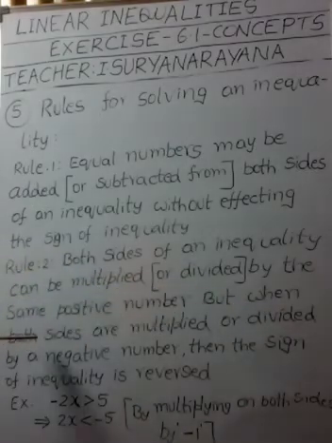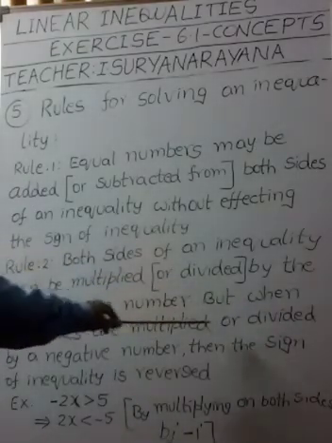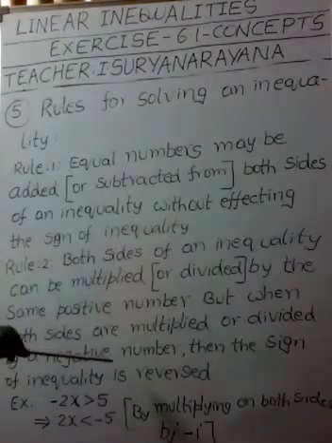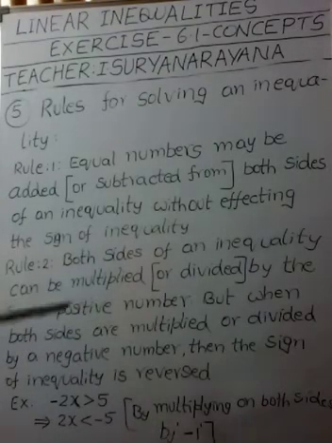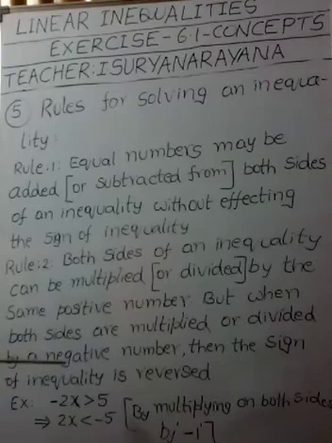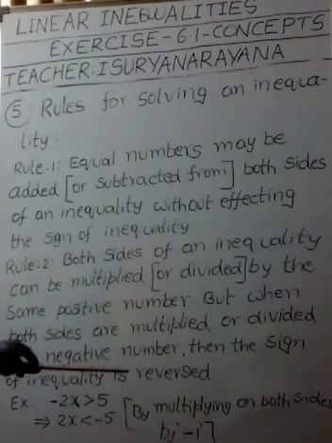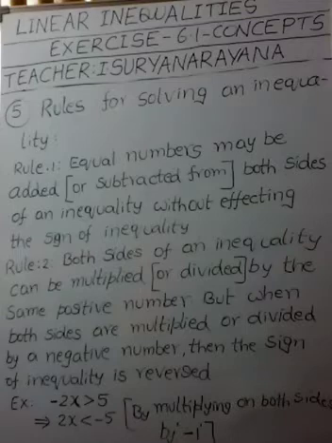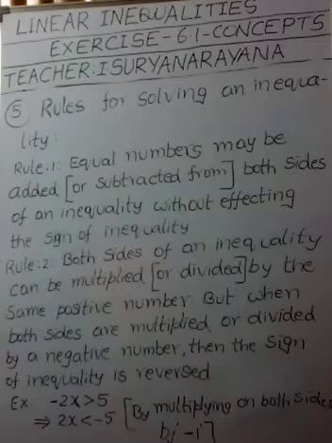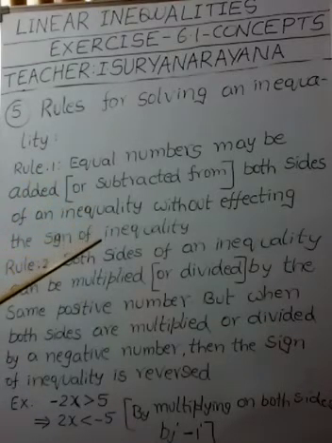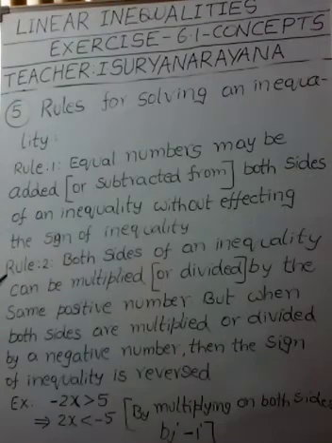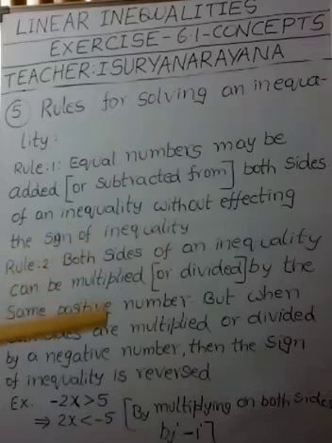When both sides are multiplied or divided by a negative number, then the sign of the inequality is reversed. It means if you multiply on both sides of an inequality, then greater than sign changes to less than, and less than changes to greater than in the next step. Understood this point, my children?